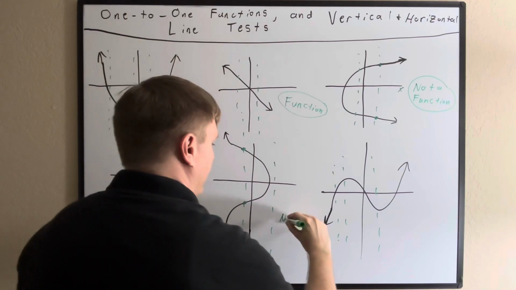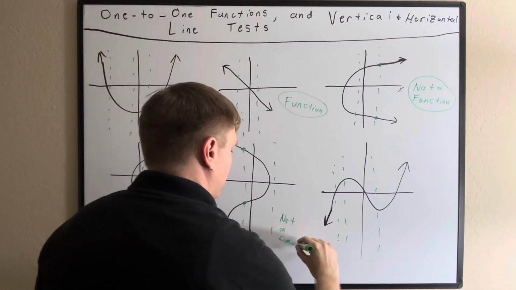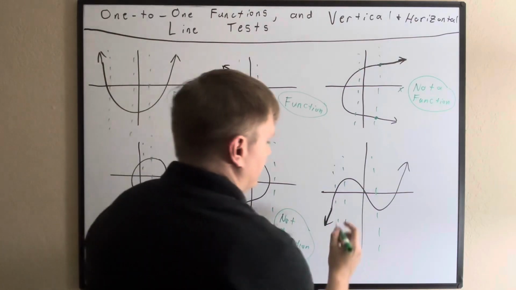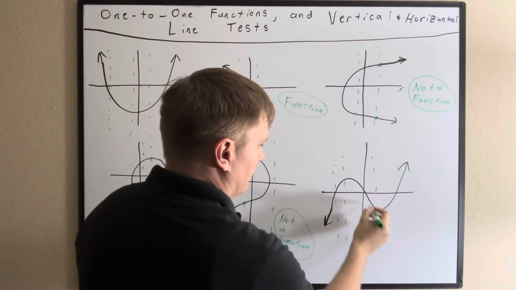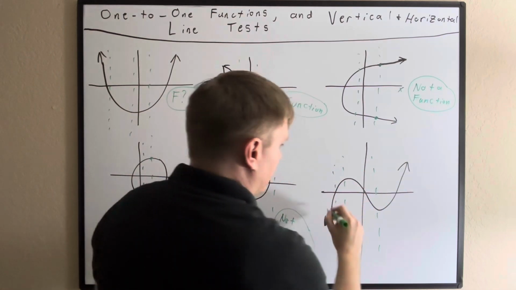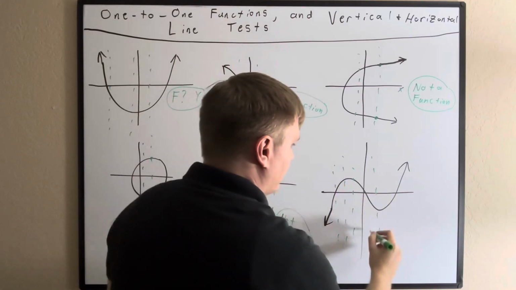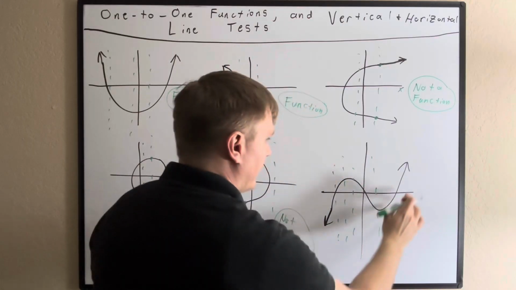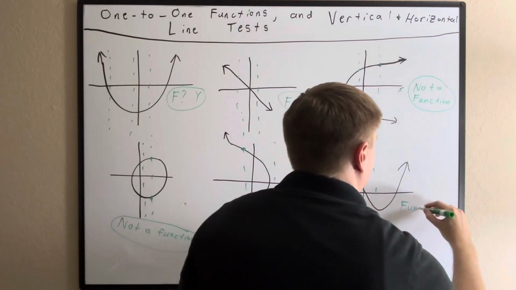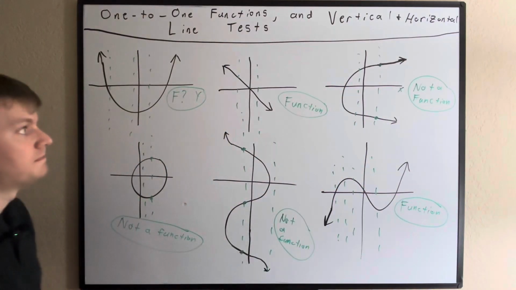So it's not a function, clearly. It's a little extra crazy. This one, well, this one we can never find a vertical line that crosses this graph twice. So yes, this is a function. It really is that easy.